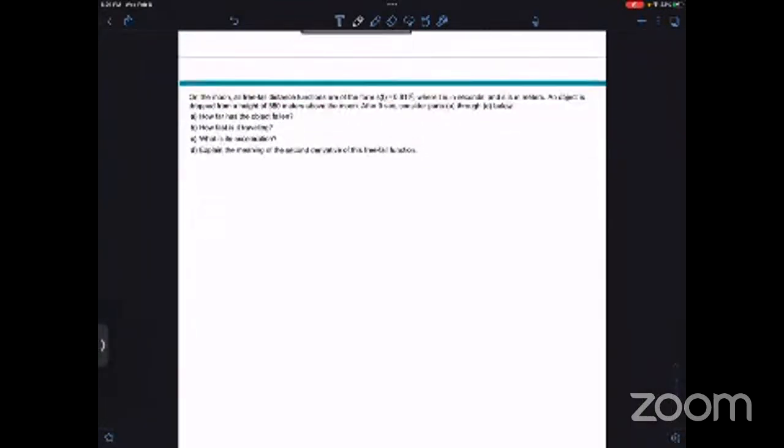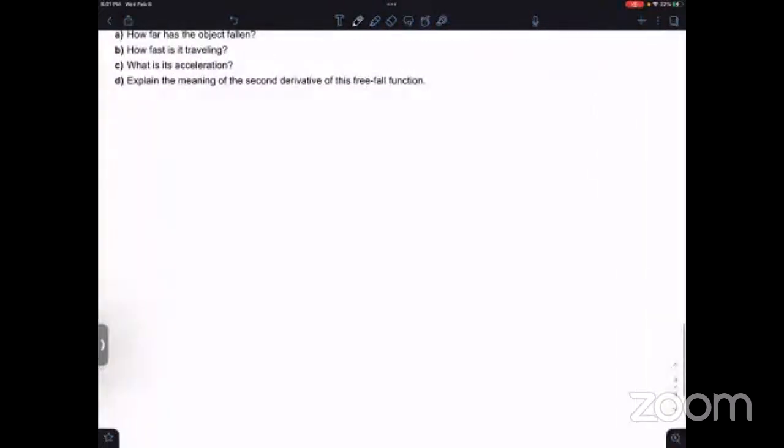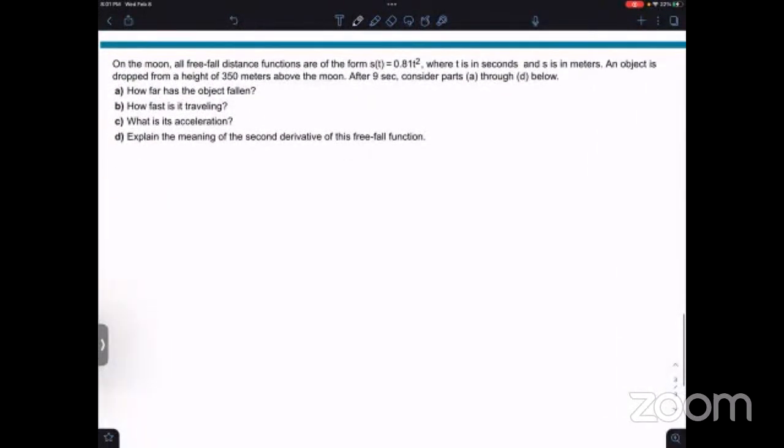So what we were doing here. We were given that the position function S of t was 0.81 t squared, right? When we go to find the velocity function, that's going to be the first derivative of our position function.